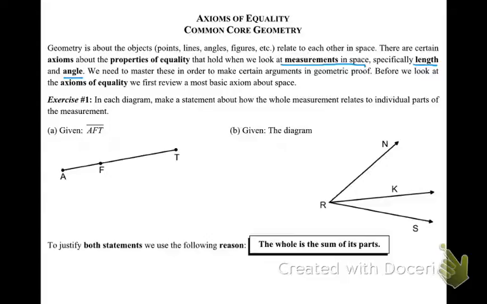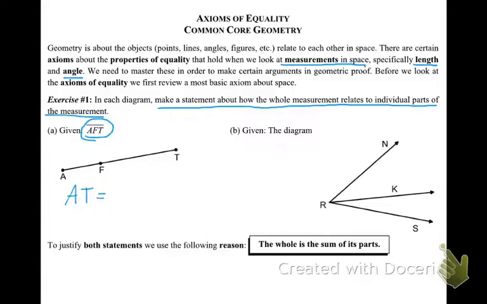So let's first look at exercise 1. In each diagram here, we want to make a statement about how the whole measure relates to the individual parts of the measurement. For part A, we are given segment AFT. The whole is AT.